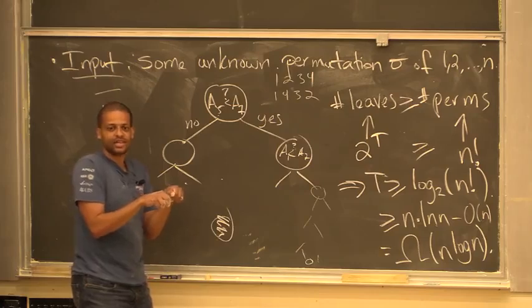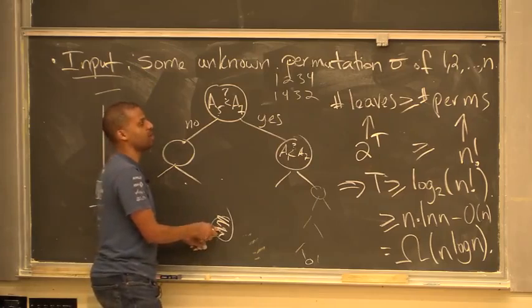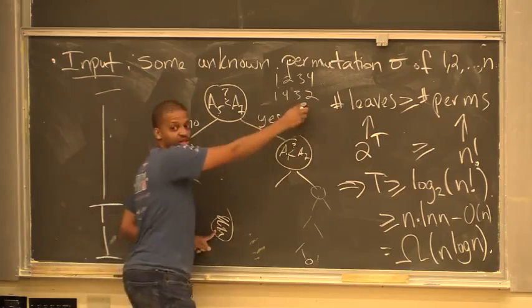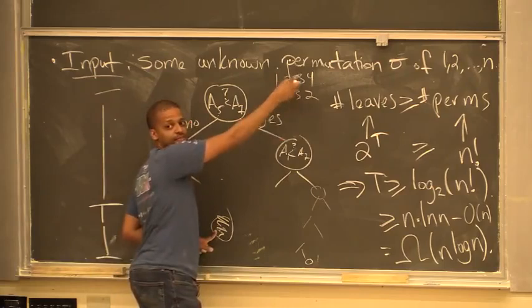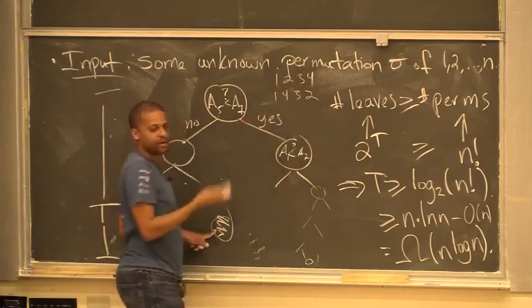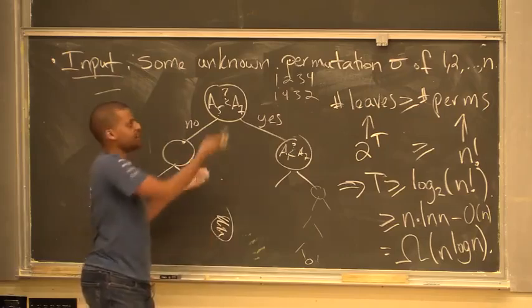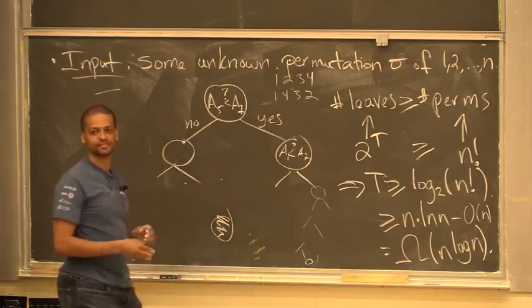If it permutes the entries one way for 1, 2, 3, 4, and lands at the same leaf for 1, 4, 3, 2, it means it's going to permute these entries in the same way. But that permutation of the entries is not going to be right for both. Each different permutation needs its own inverse permutation of the entries.